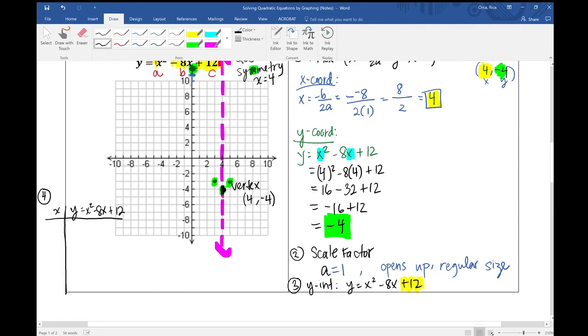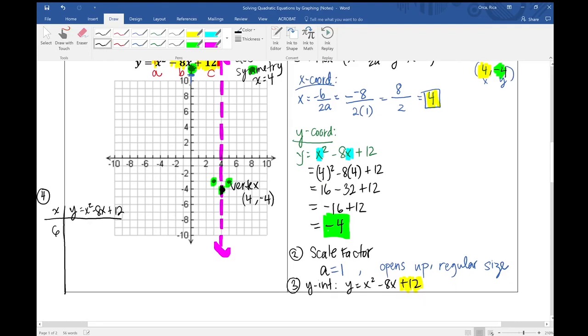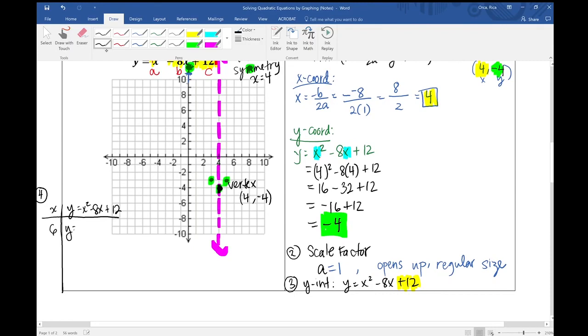To plot my next point, I want to pick an x value between my axis of symmetry and that very last point. So a number between my axis of symmetry and that last point is 6. Now take the 6 and plug it in. 6 squared minus 8 times 6 plus 12. 6 squared is 36.